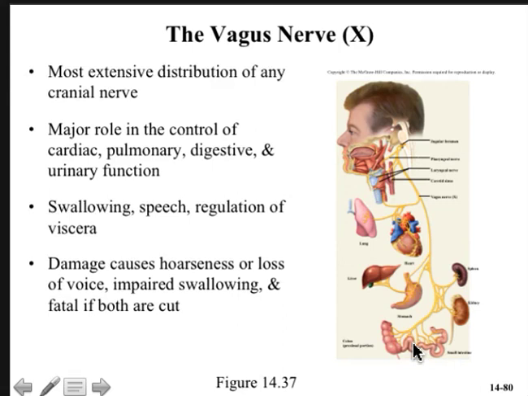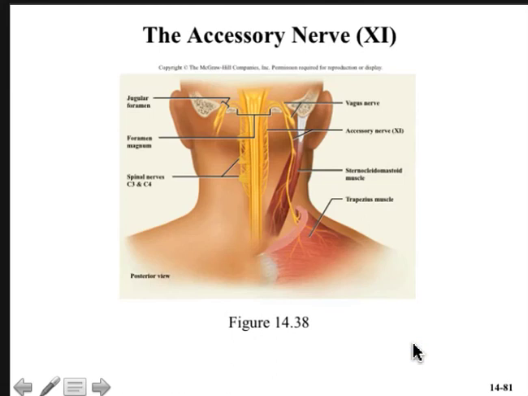Okay, the spinal accessory nerve is also an unusual nerve. It innervates muscles involved in swallowing, as well as muscles involved in head, neck, and shoulder movement.